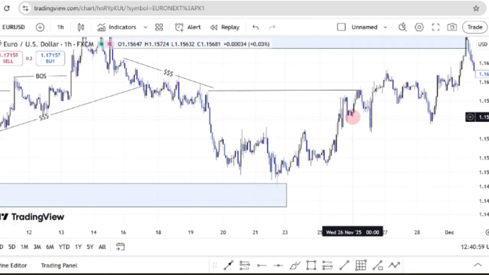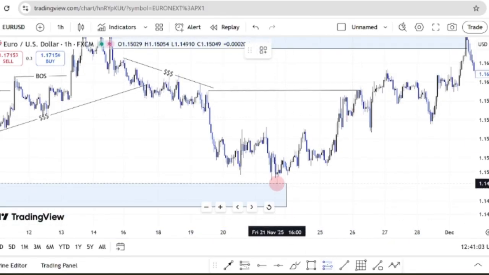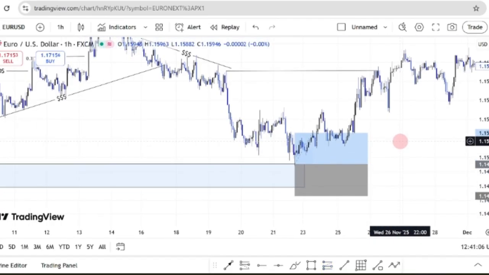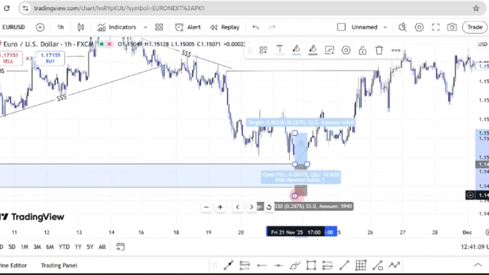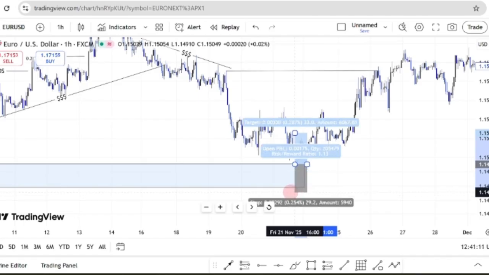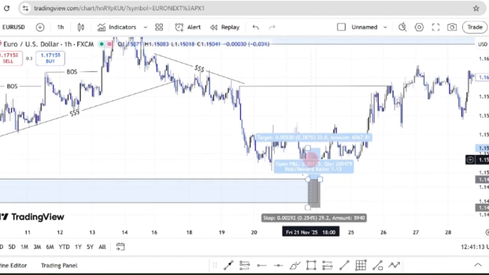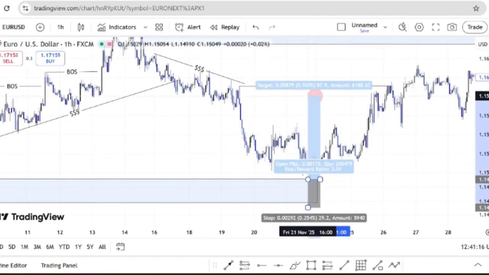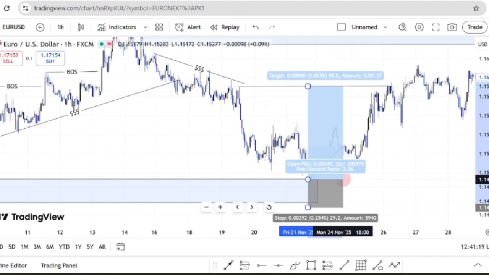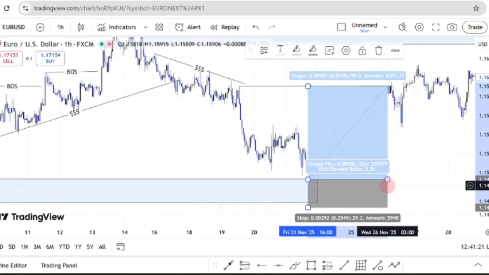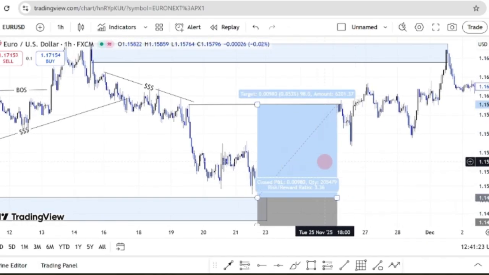So let's place our buy and see what we'll have achieved trading from this point. This is the first level here. We have this first level at this point, working with 29 pips as our stop loss. If we were to go with this, it would have given us a 1:3.3 clean trade.